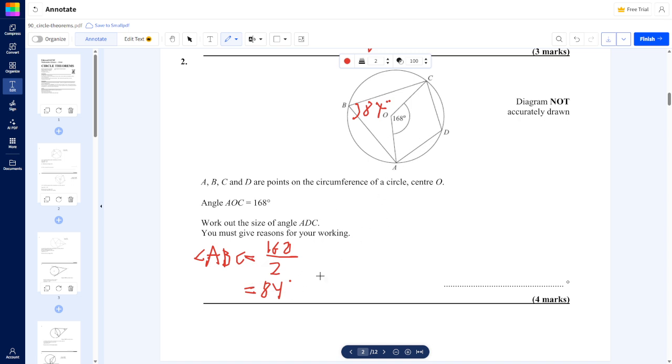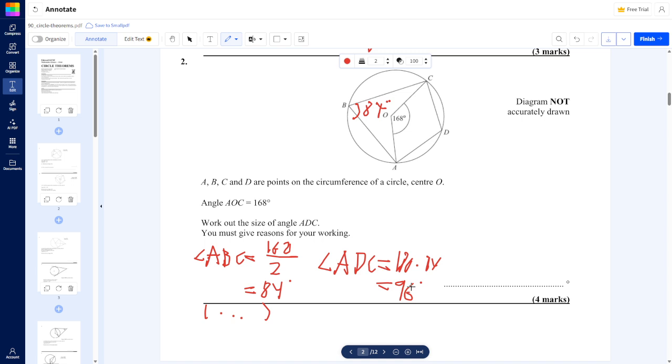But yeah, the reason is because the angle at circumference is half the angle at center, so you would just write that in brackets. So angle ADC is going to be 180 minus 84, which equals 96.